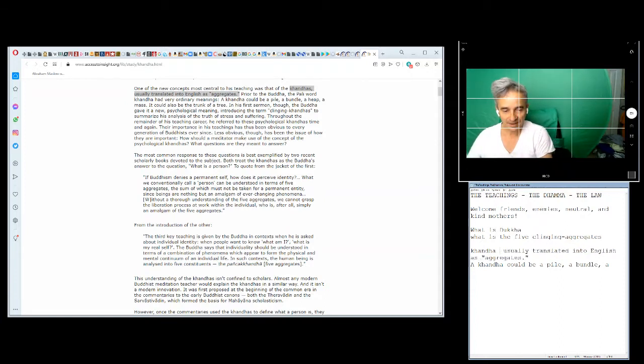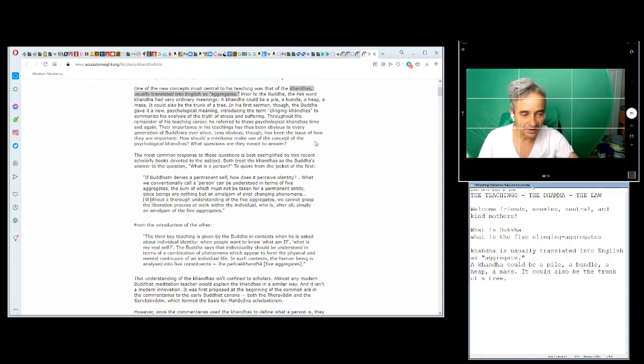Khanda is usually translated into English as aggregate. A khanda could be a pile, a bundle, a heap, a mass. It could also be a trunk of a tree.